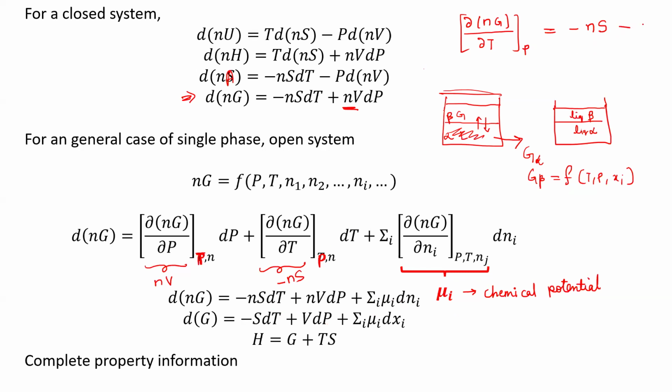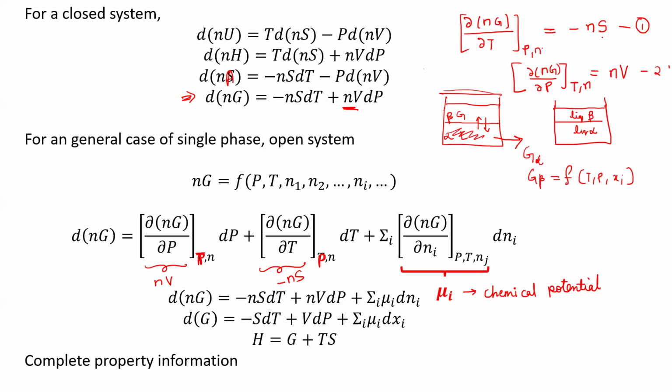This is equation 1. One more equation, assuming Nj also here, everything: dou NG by dou P at constant T and N is equal to NV. And this is equation 2.